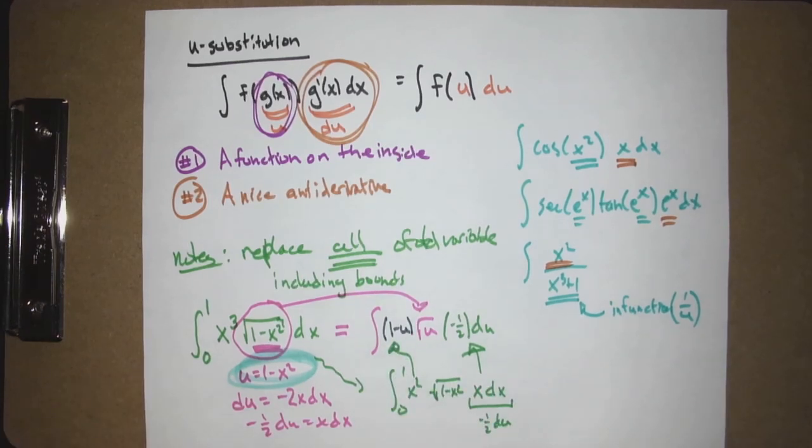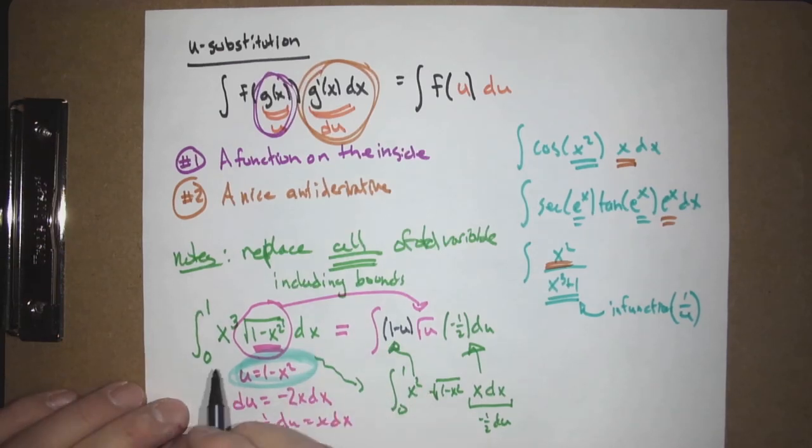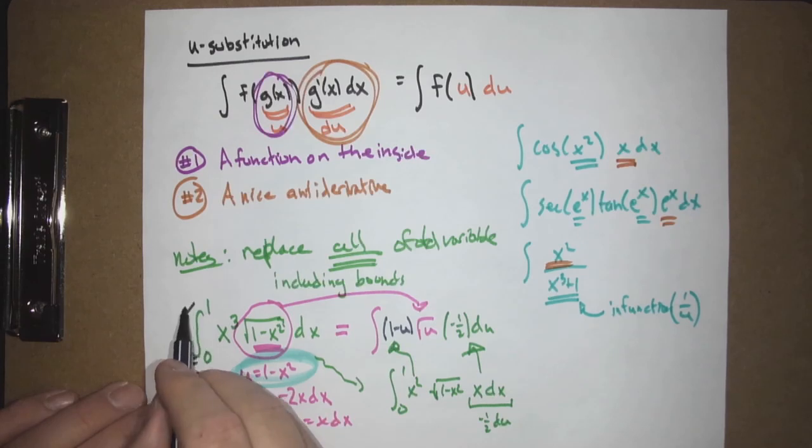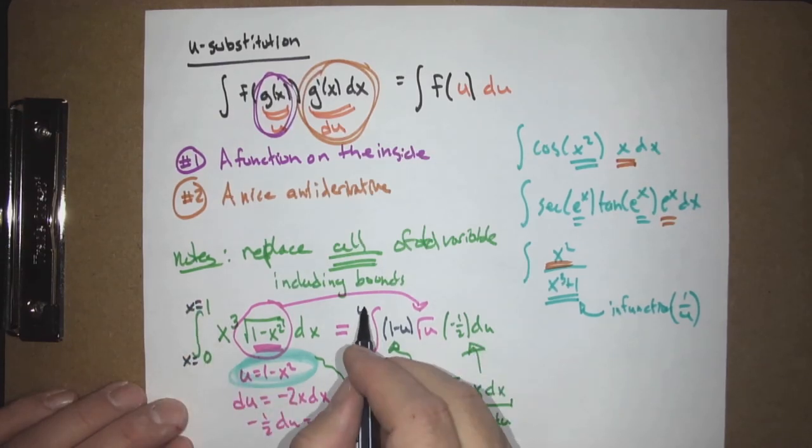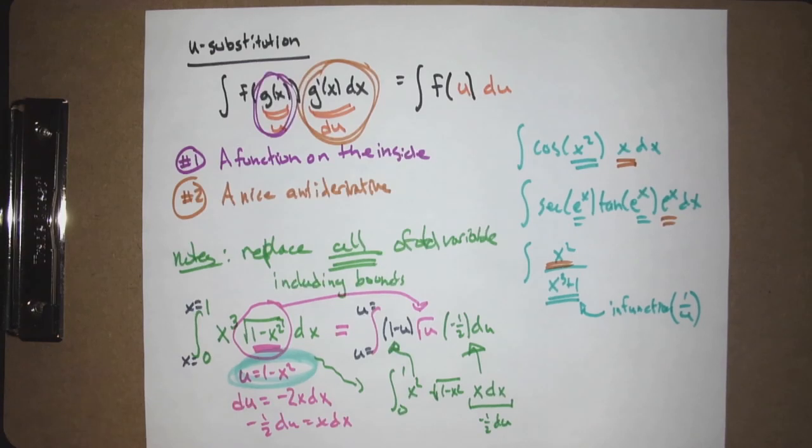All right, now, what are my bounds? Because remember, this dx says these are x bounds. We want to go to u bounds. So how do we go from x bounds to u bounds? You plug the original value into the u.